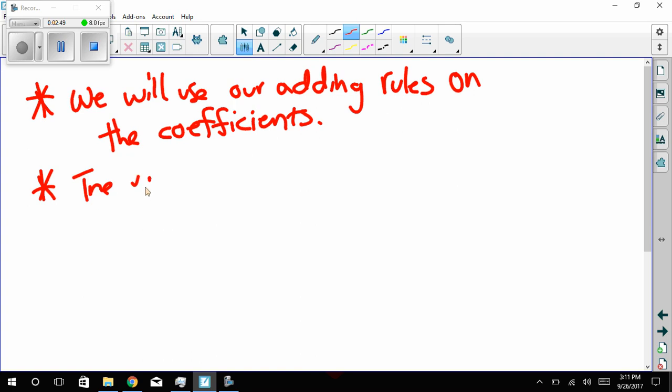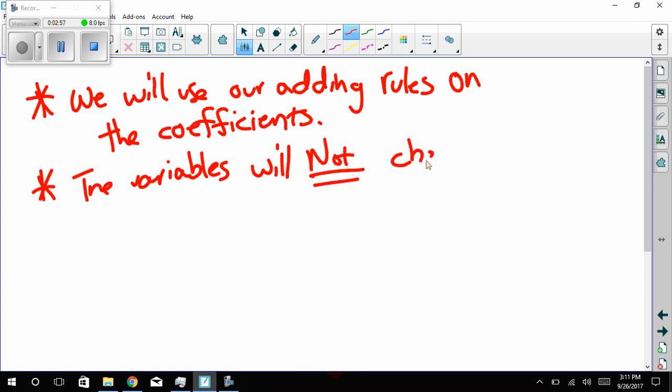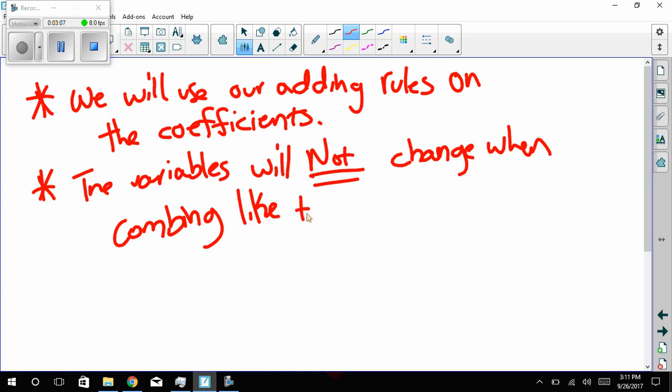The variables will not change when combining like terms.